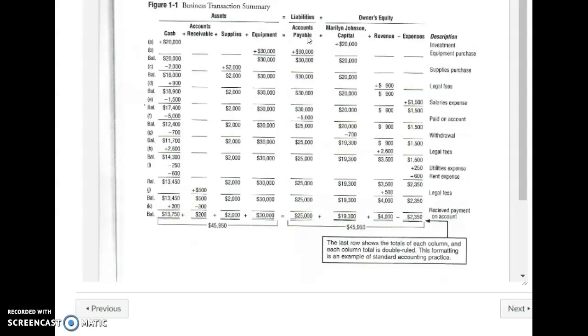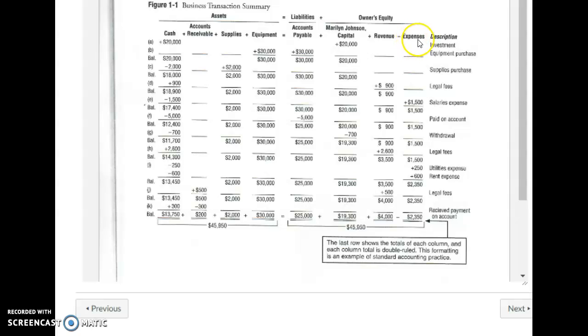It's something that you owe. And then you have owner's equity. You have the owner's capital account. You also have a revenue account or income that adds into capital that will increase it. And then you have expenses that will decrease capital because they are spent for the business.